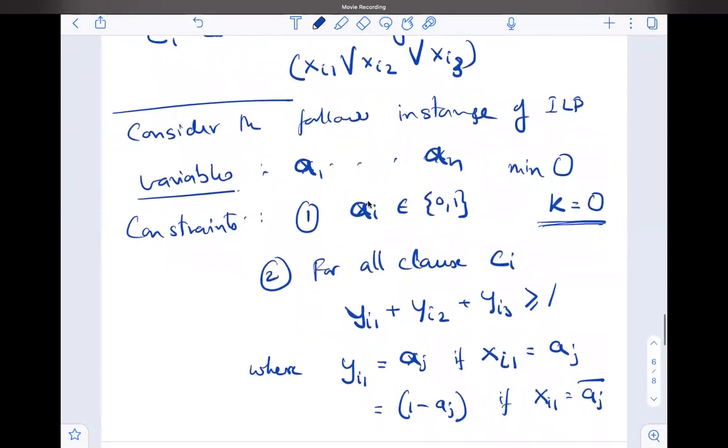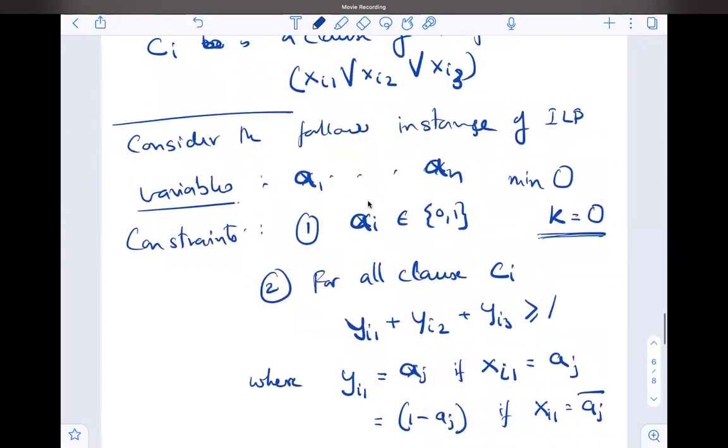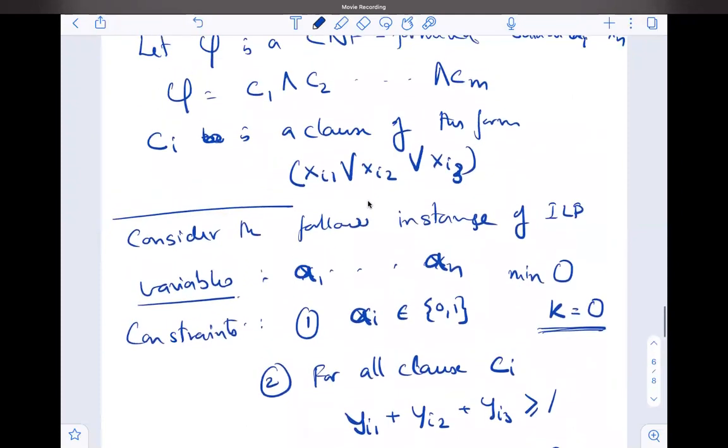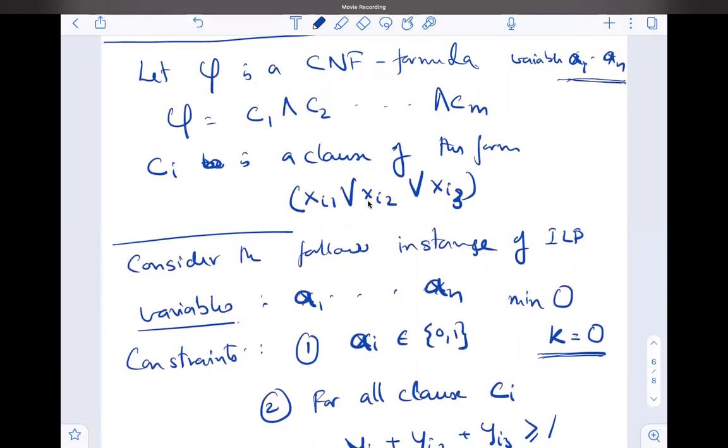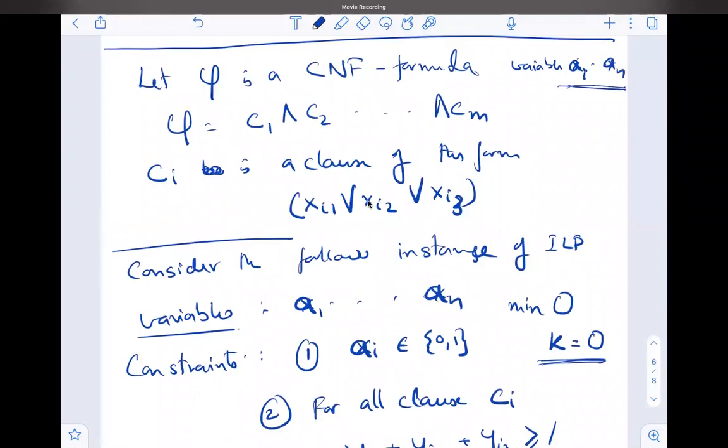How will you prove it? If it is satisfiable, that means there exists some assignment of the AIs such that the formula is evaluating to 1, which means that every clause has at least one of its literals evaluated to true.